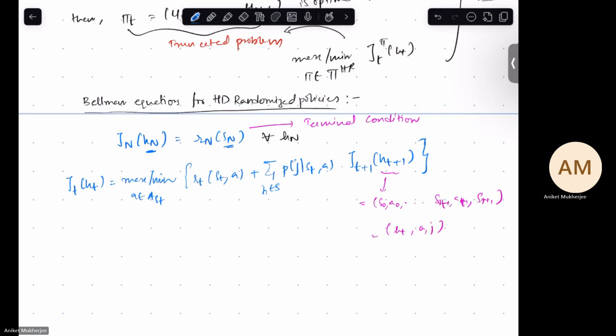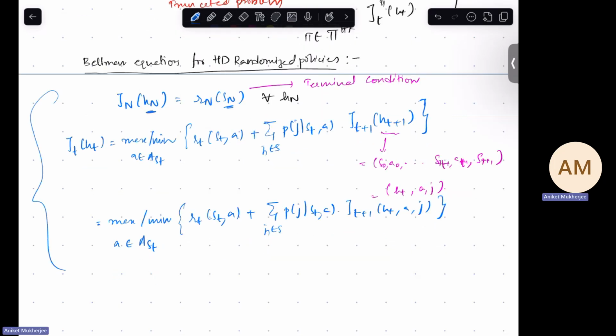So you will get max or min, A belongs to A ST, RT of ST, comma A plus summation of J belongs to S, P J condition ST, comma A into JT plus 1 of HT, A, J. So these are your Bellman equations, and these are similar to what we had when we were searching over pi belongs to pi MD.